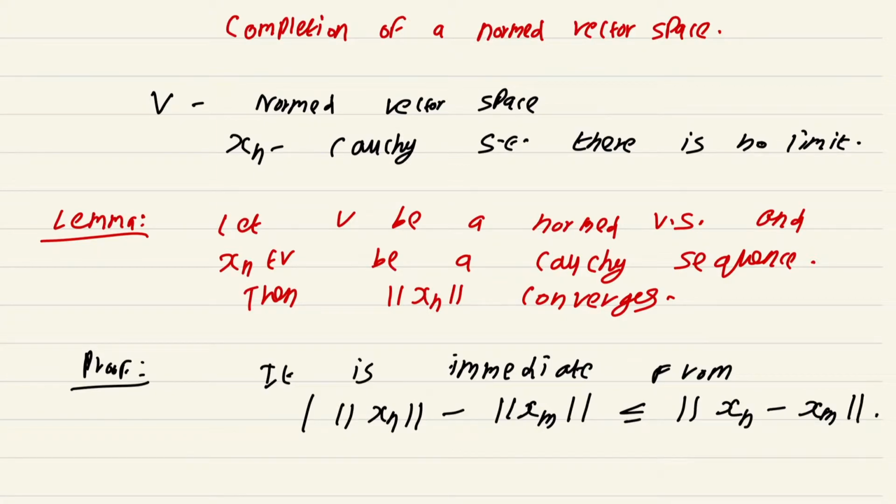From this, it is immediate that this sequence norm xn is a Cauchy sequence, and therefore it must converge because R is complete. Okay, so what this lemma suggests is that once you add these Cauchy sequences, you are going to essentially define the norm of this Cauchy sequence to be nothing but the limit of norm xn. That's what this lemma suggests.